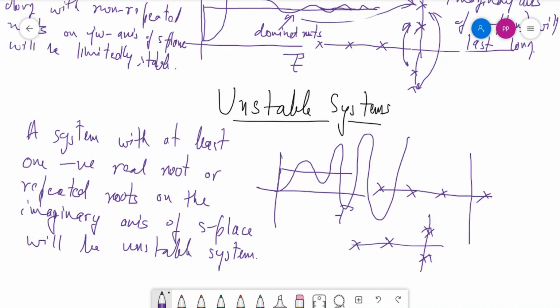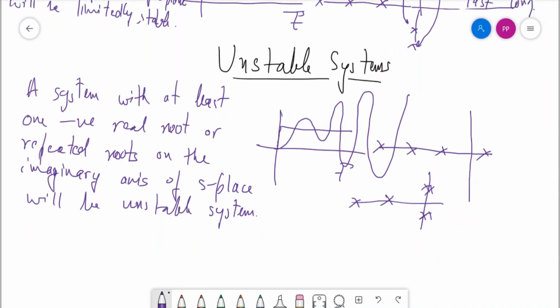So there are situations when a system will have only non-repeated roots on the j omega axis of the S-plane, and such systems will be called marginally stable systems. So let us take this under the heading marginally stable systems.